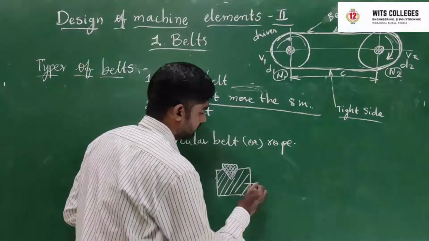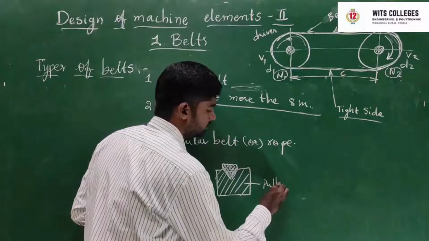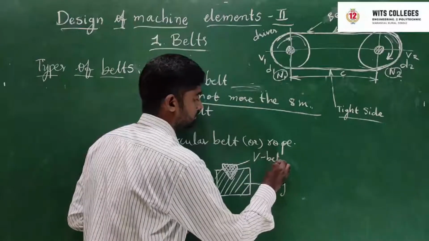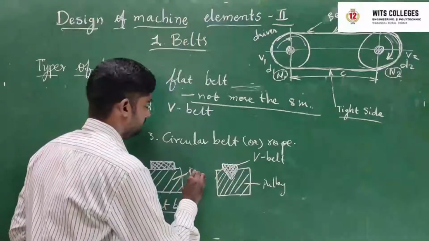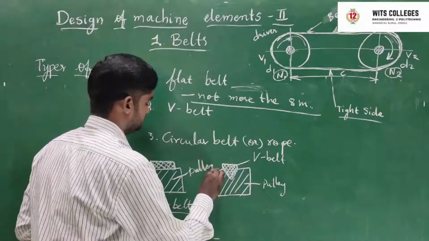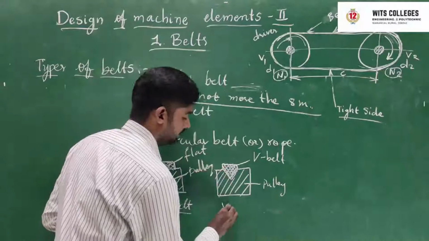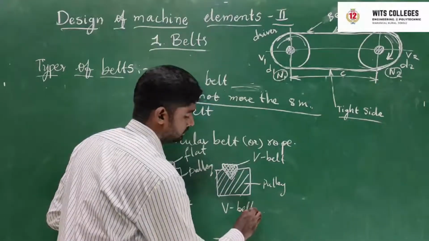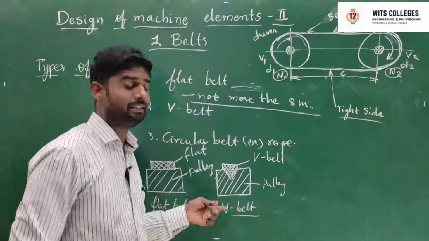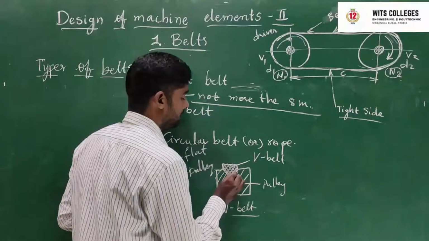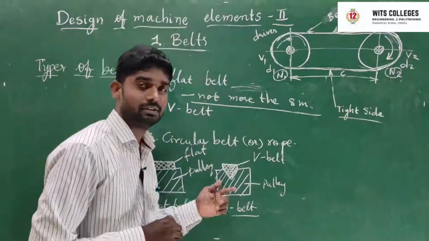In this one, the pulley is for the V belt. In this one, the pulley is for the flat belt. This is a V belt. Okay, understood. In this belt, we are using a V-shaped belt.